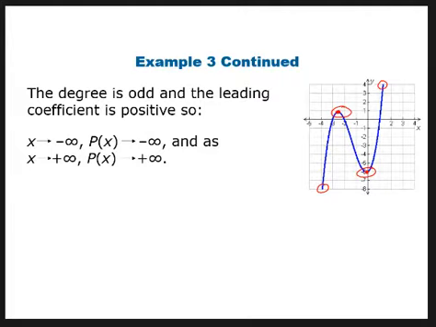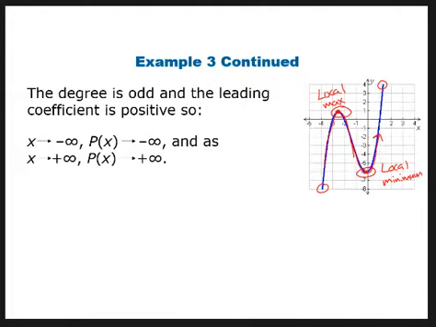Is it a maximum or a minimum? Well, in this case here, because we were increasing and then decreasing on the other side, this would be what's referred to as a local maximum. And down here, we're decreasing, and then we hit it, and then we turn back up and start increasing, so this would be a local minimum.